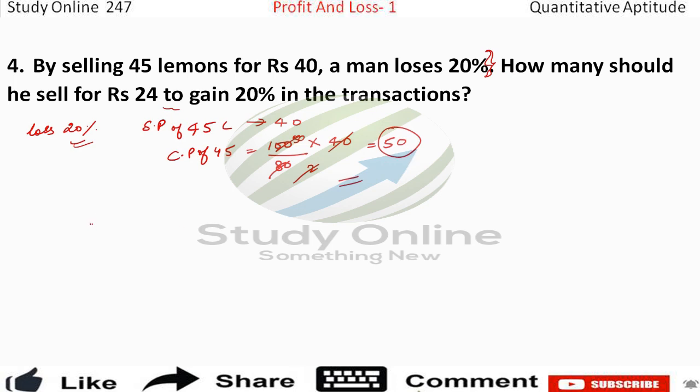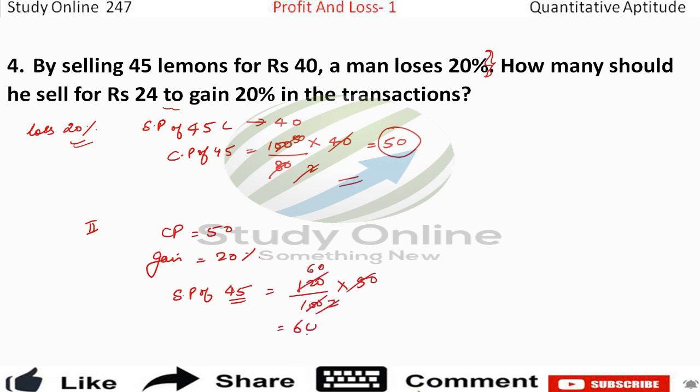So in the second case, we have the cost price, that is 50, and we have the gain percentage, that is 20%. Now the selling price of 45 lemons would be what? After 20% gain, it would be 120 upon 100 into cost price. After solving it, you will get 60.